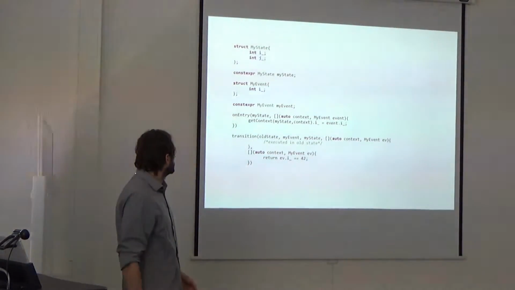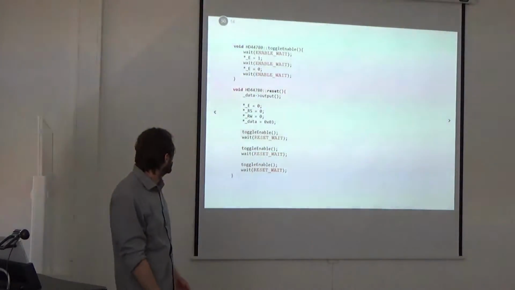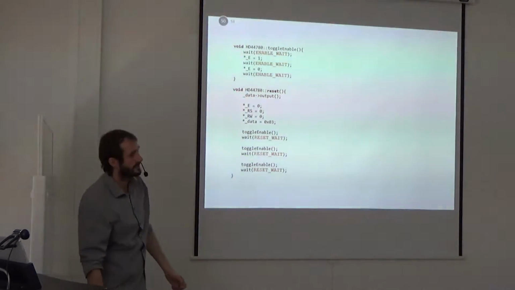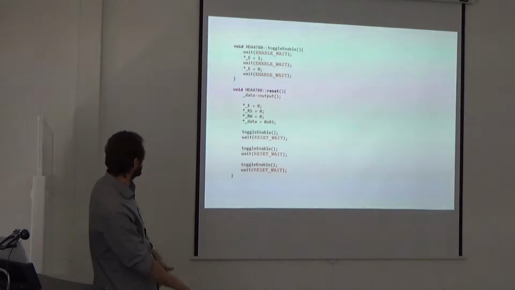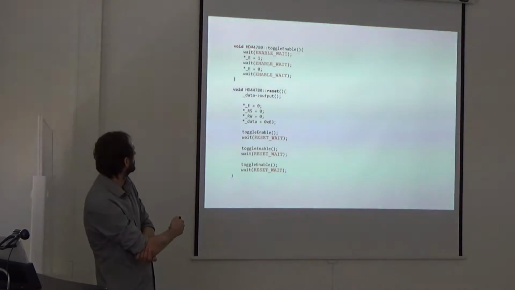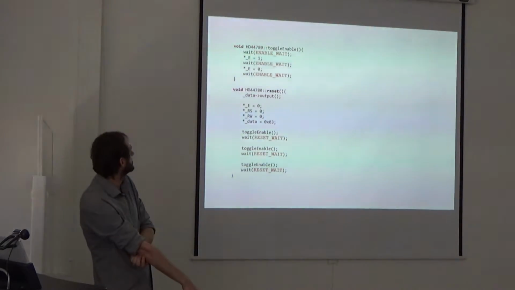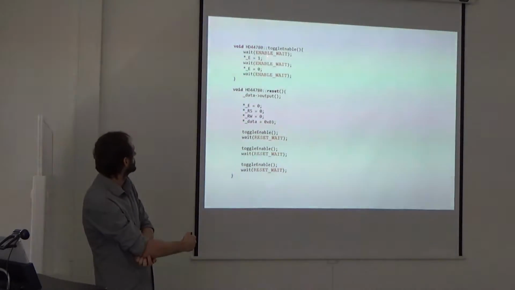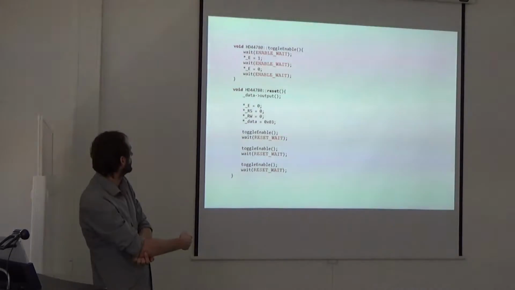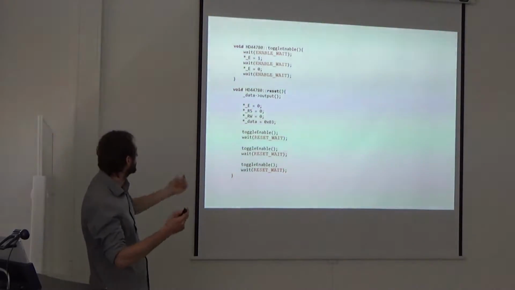So this is part of the LCD controller, right? This is some code I found on GitHub, which is a class that talks to this LCD controller. So we've got toggle enable. Basically, we're setting a pin, we're waiting, we're clearing the pin, we're waiting, and then the reset operation is we're setting the port direction to output, we're clearing a bunch of pins, we're setting data to 3, which is, I guess, the reset command.